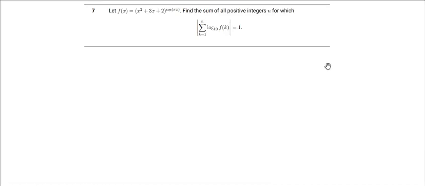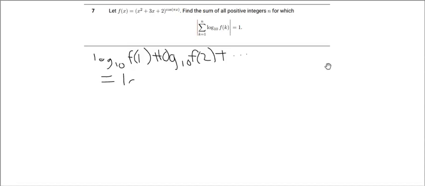Looking at the logs, we can write out the first few terms of the summation. We would have log 10 of f of 1 plus log 10 of f of 2, and so on. But because of log rules, we know that this will condense down into log 10 of f of 1 times f of 2 all the way to f of n.